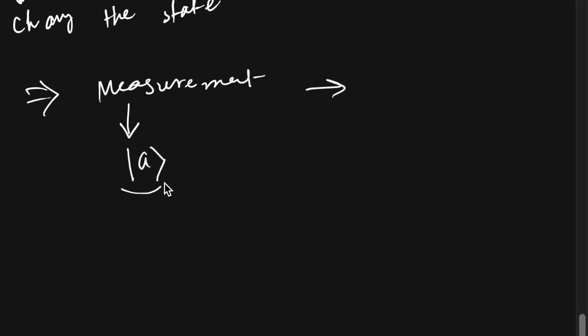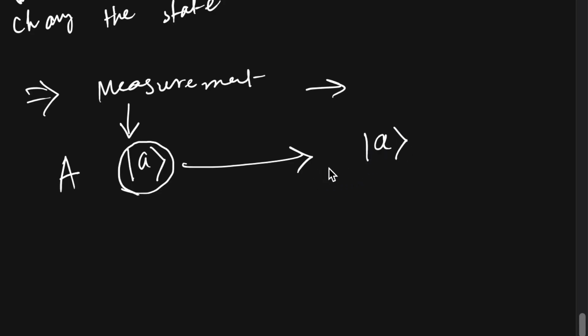If the state is an eigenket of the observable A, then the measurement will not change the state.